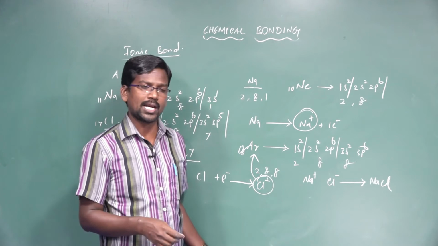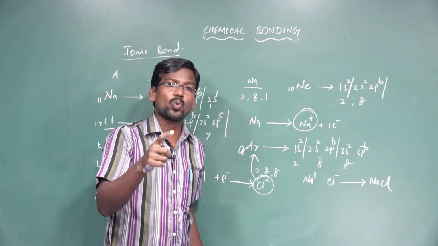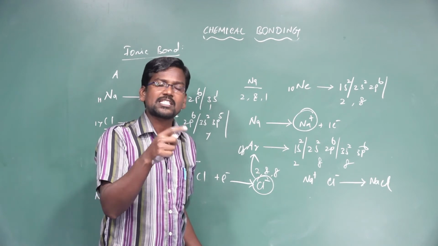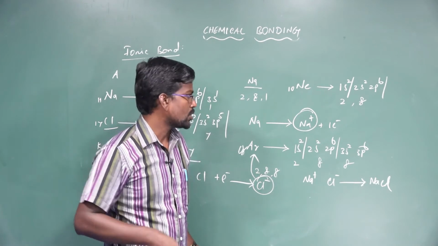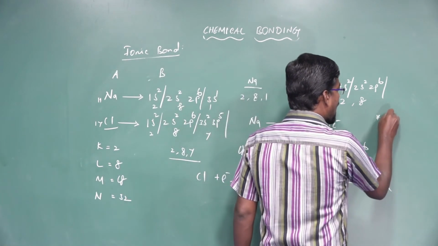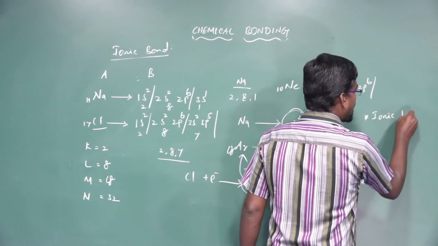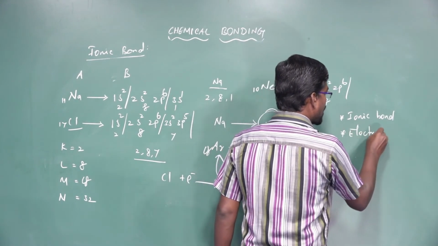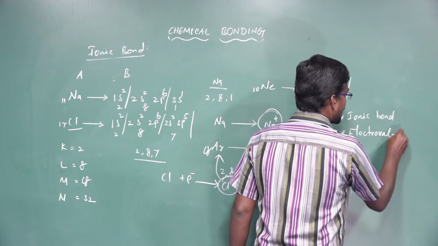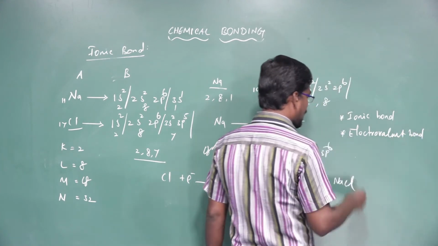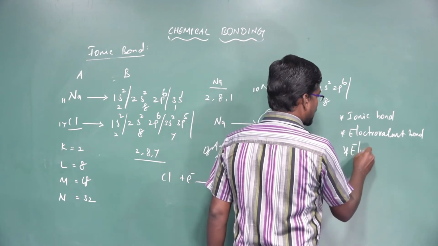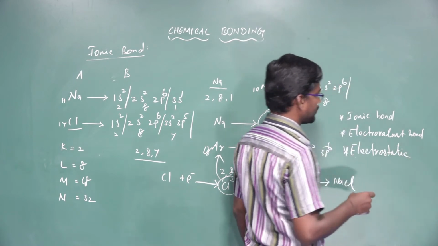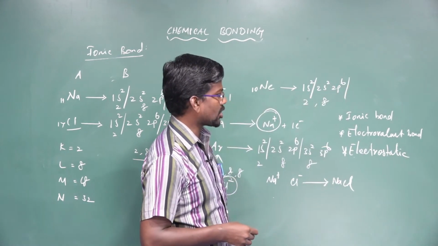Also, only electrons in the valence shell participate in chemical bonding, so this bond is otherwise called the electrovalent bond. Ionic bond, electrovalent bond, electrostatic bond.